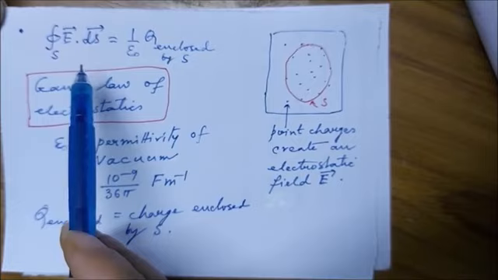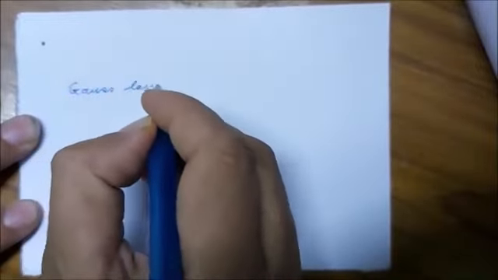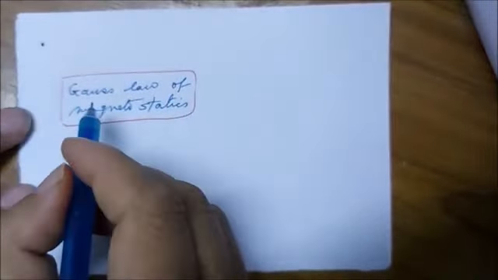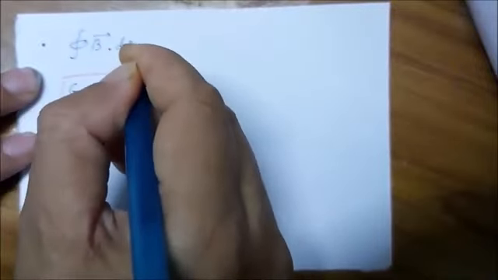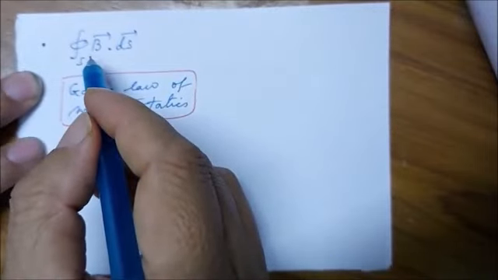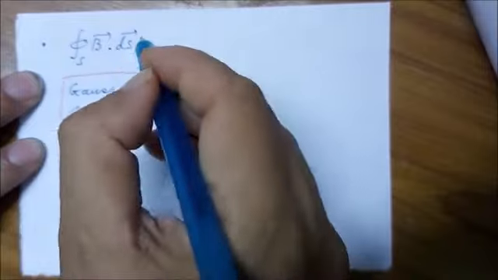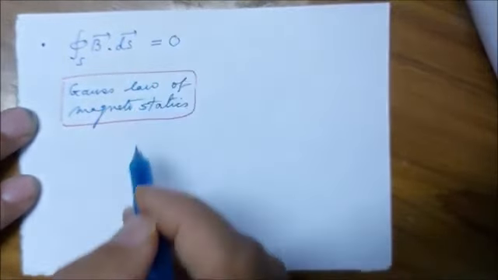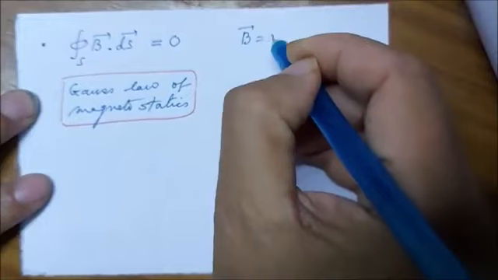And the answer to it is given by Gauss law of magnetostatics, according to which the flux of vector B, the magnetic induction across a closed surface, is 0. Here B is magnetic induction.